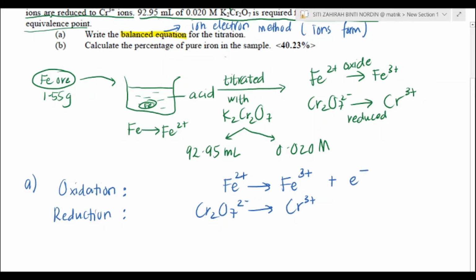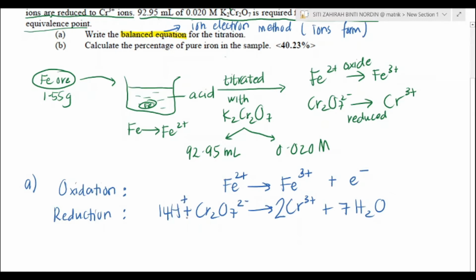So let's check your reduction. We've got 2 Cr here, meanwhile 1 Cr here, so we need to multiply by 2. There are 7 oxygen, so we need to add 7 water at the product. 7 times 2 is 14 hydrogen at this side, so we need to add 14 hydrogen ions.